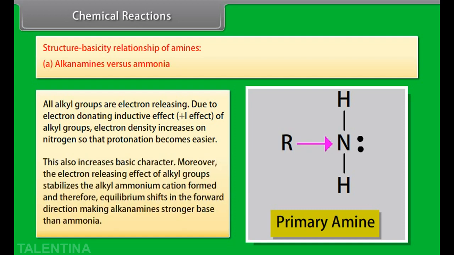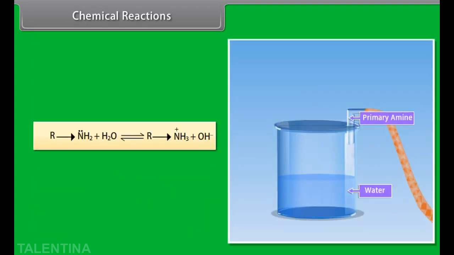This also increases basic character. Moreover, the electron releasing effect of alkyl groups stabilizes the alkylammonium cation formed and therefore the equilibrium shifts in the forward direction, making alkanamines a stronger base than ammonia. Amines can easily be protonated by water in their aqueous solutions.